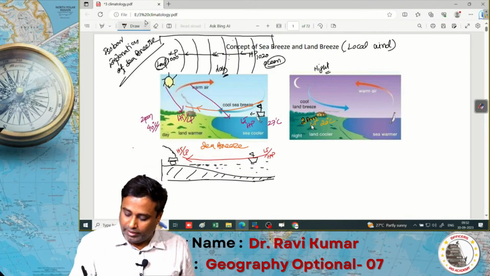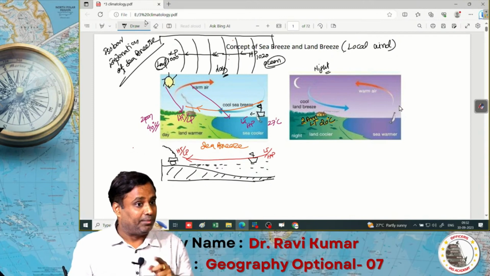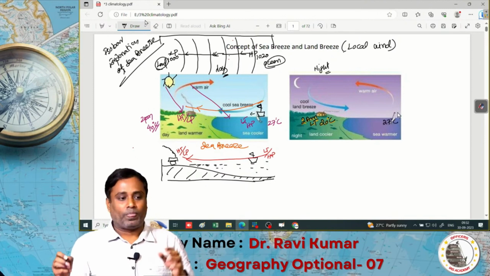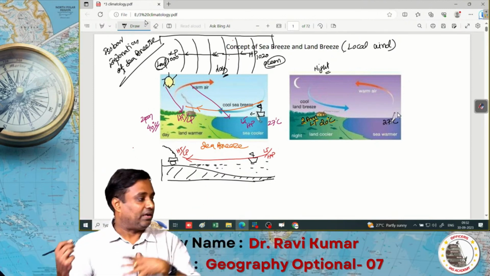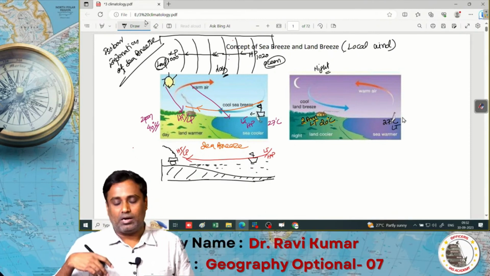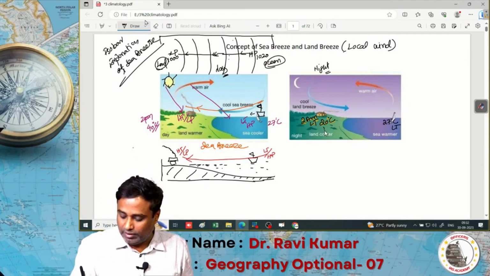At 2 a.m. early morning the land is having a low temperature, but the sea will have the same temperature, not a high temperature. It's 27 degrees Celsius. Now we compare it. Compared to the land, ocean is having high temperature, so it will be low pressure. Compared to the ocean, land will have high pressure.